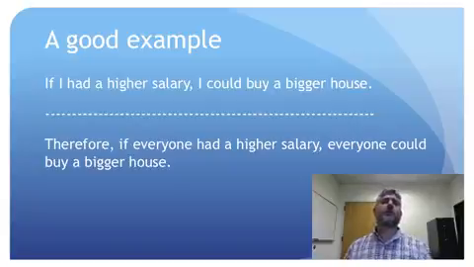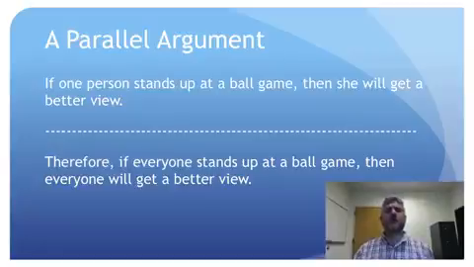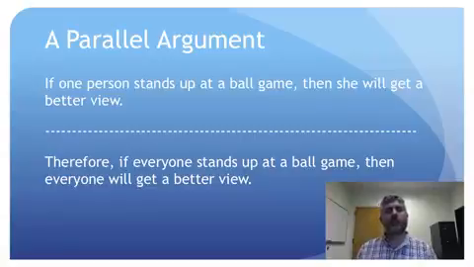And in order to show that it's fallacious, let me refute it by parallel reasoning. Let me find another argument that has exactly the same form, but that's obviously a fallacy. So consider this example. This is a parallel argument. If one person stands up at a ball game, then she'll get a better view.